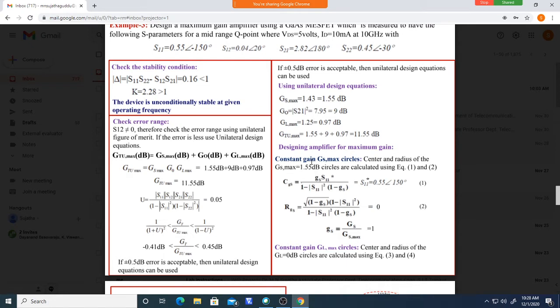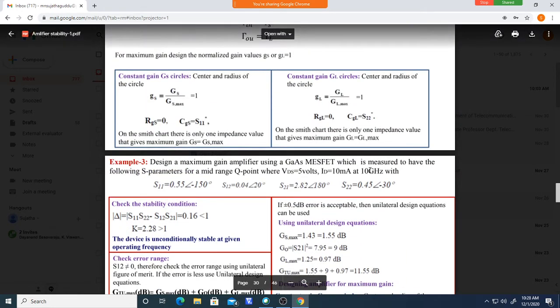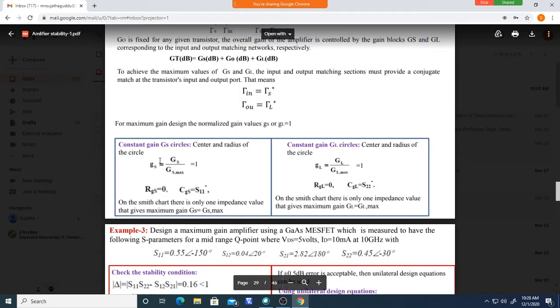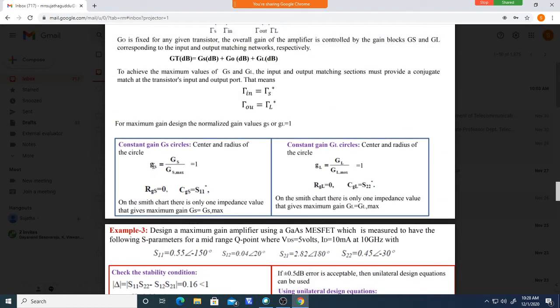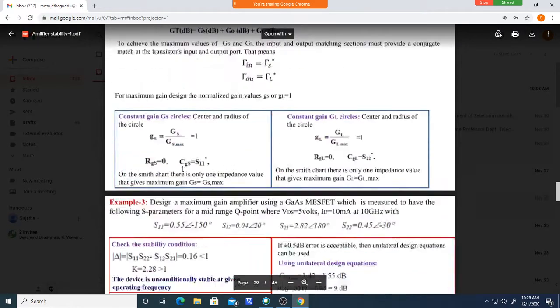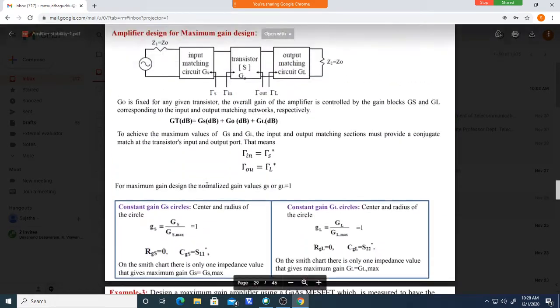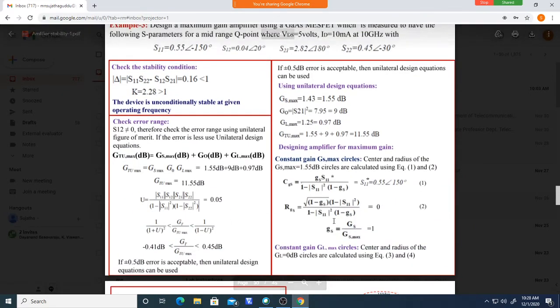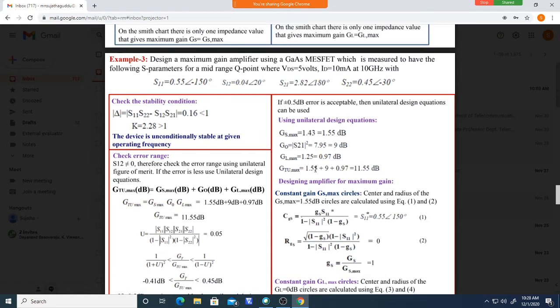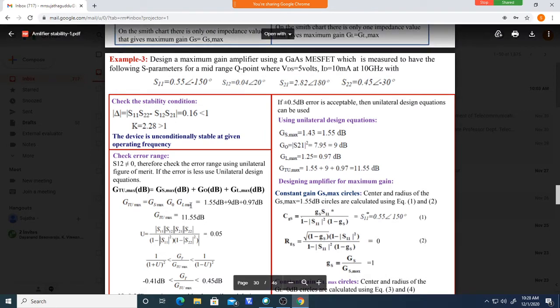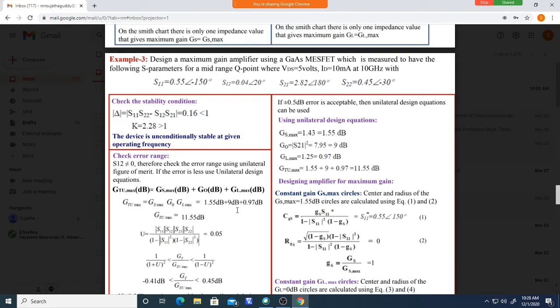See here, the constant gain circle, GS. What is GS? This is a normalized gain. To draw the input and output gain circles, we should get a GS value. Here the problem is maximum gain, so the required value itself is the maximum value.